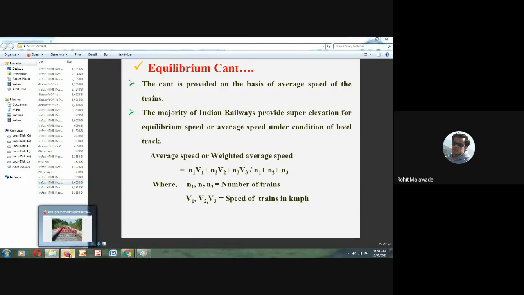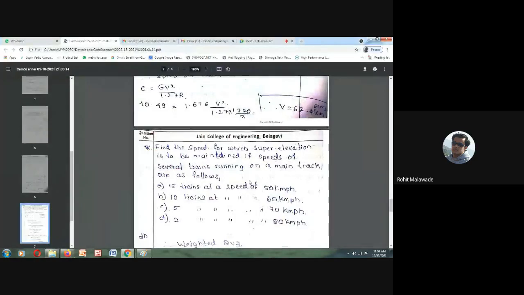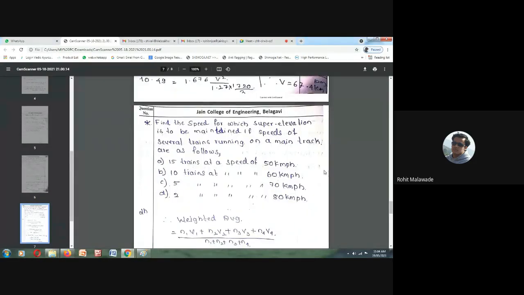So in this problem, they are asking to find the speed for which the super elevation is to be maintained if the speeds of the several trains running on a main track are as follows. Find the average speed. 15 trains at a speed of 50 kmph, 10 trains at 60 kmph, 5 trains at 70 kmph, 2 trains at 80 kmph.